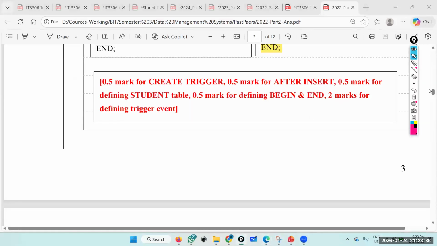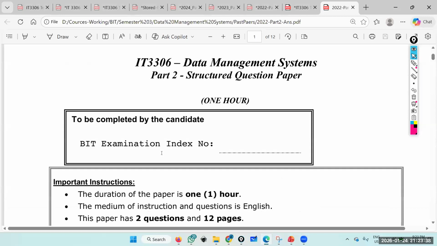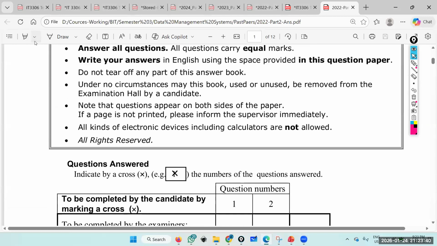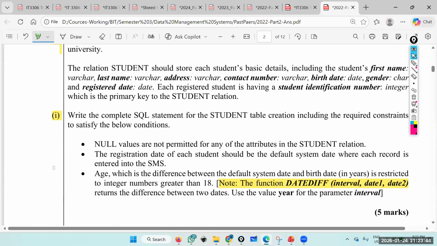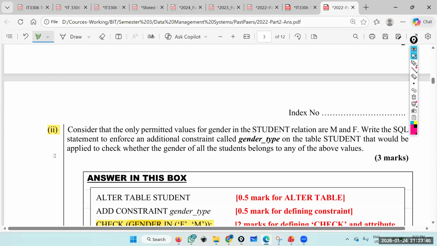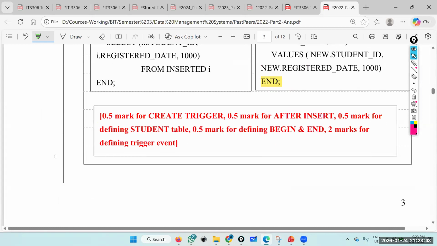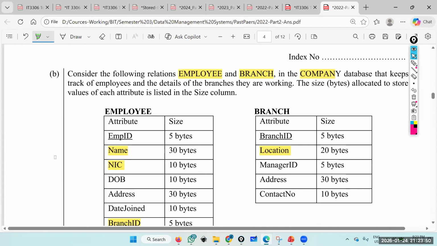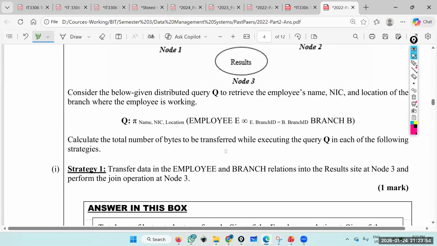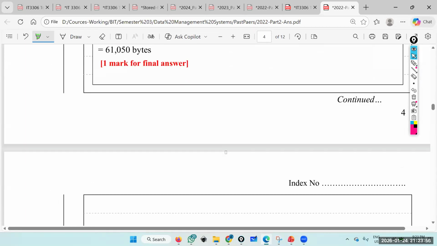So let's mark which questions we can do. Right, we have done this. This is distributed databases, right?